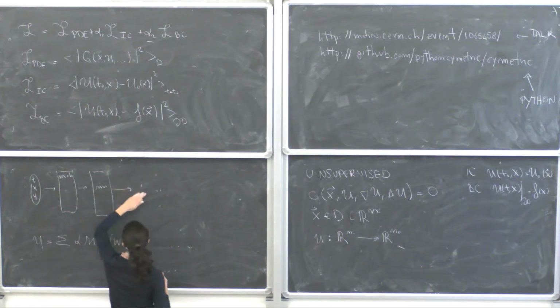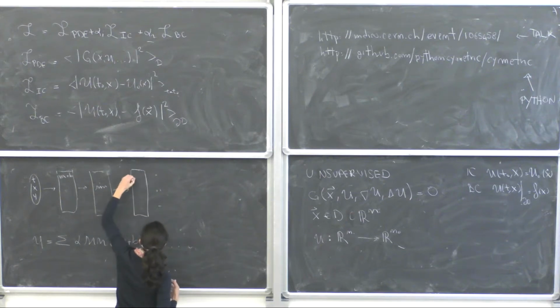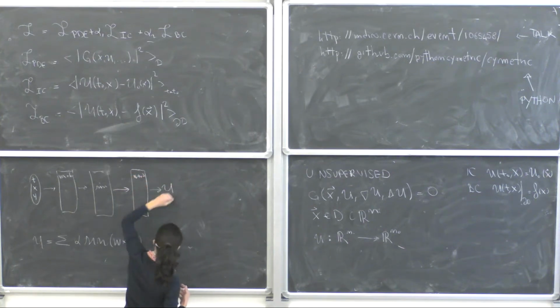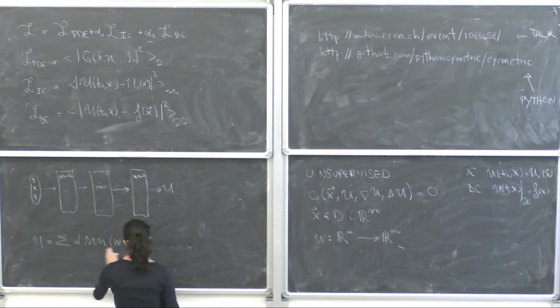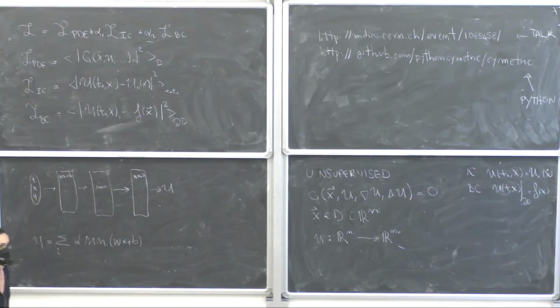Maybe it's better to put another linear layer at the end, otherwise it's not really a Fourier transform, but in principle you can cook up something like this.